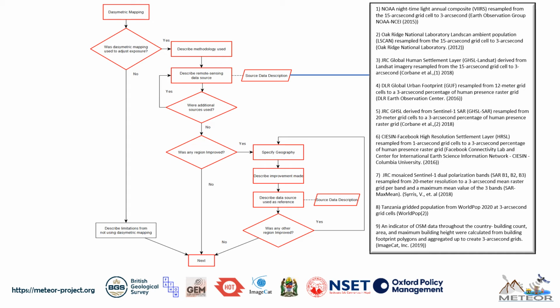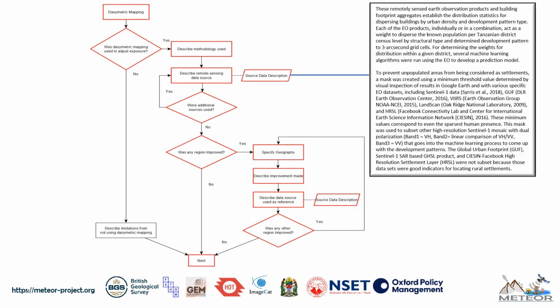The data was obtained from the U.S. National Oceanic and Atmospheric Administration, NOAA, NASA, the U.S. Oak Ridge National Laboratory, the European Commission Joint Research Centre, the German Aerospace Center, WorldPop, and OpenStreetMap.